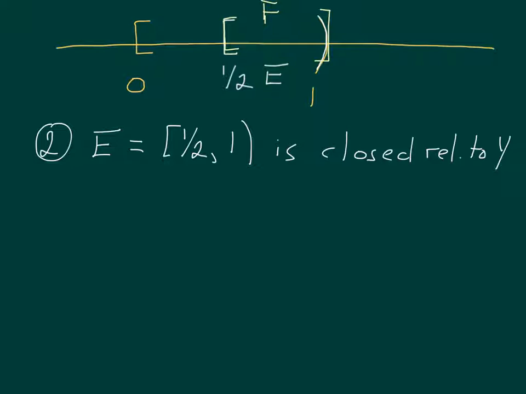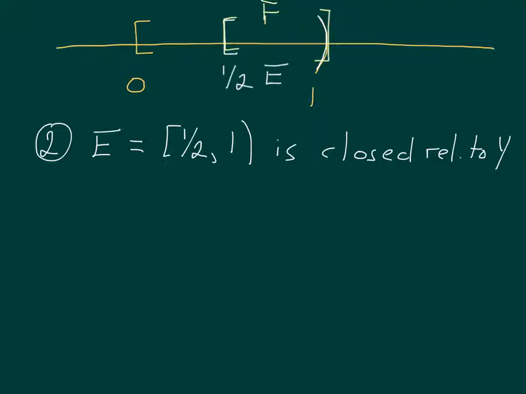So there's F right there. So F is supposed to be the closed interval 1/2 to 1, and we intersect that closed interval with Y. What are we going to get? We're just going to get E back. And that, according to our theorem, says that E is closed in Y.